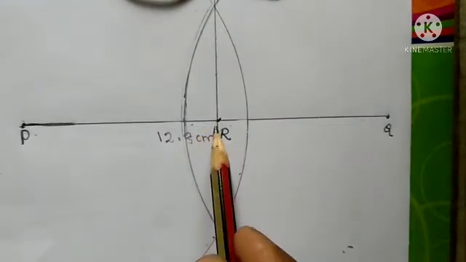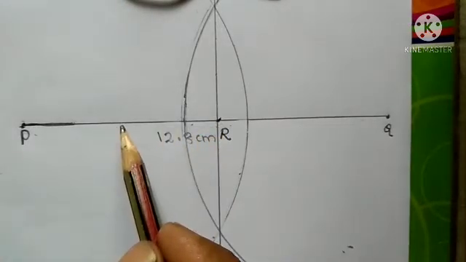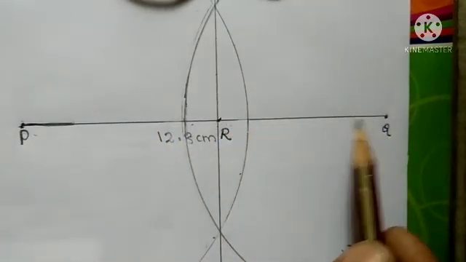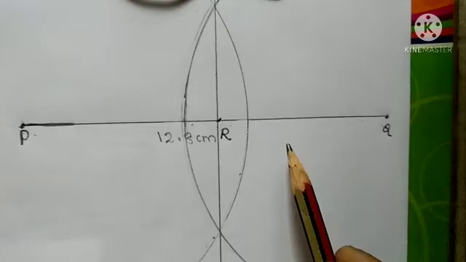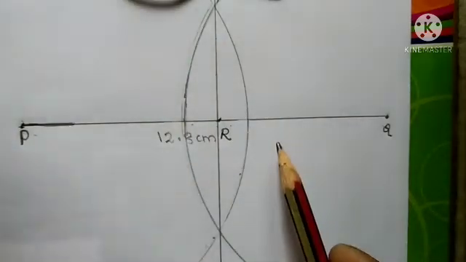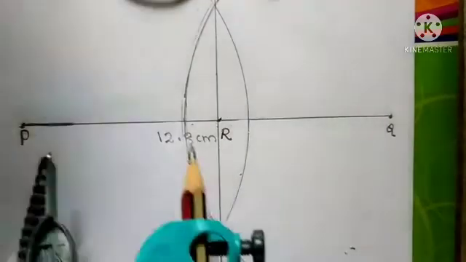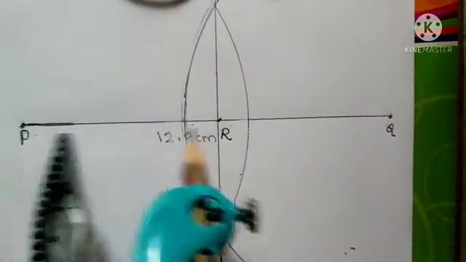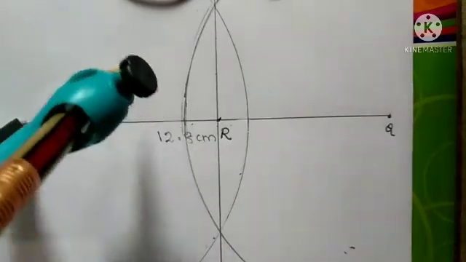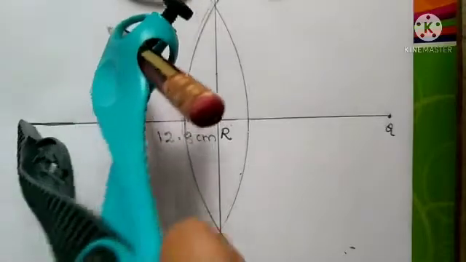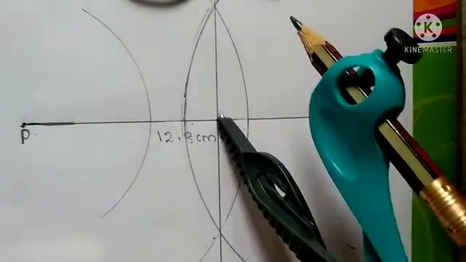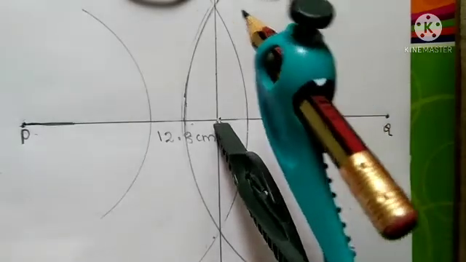Bisector of PR will make this PR into 2 equal parts. And again the bisector of RQ will make this RQ into 2 equal parts. Then we will get 4 equal parts of PQ. Understood? So we have to draw the bisector of PR. So more than half of PR take in compass and we draw arc from P. Next from R also we will draw arc.